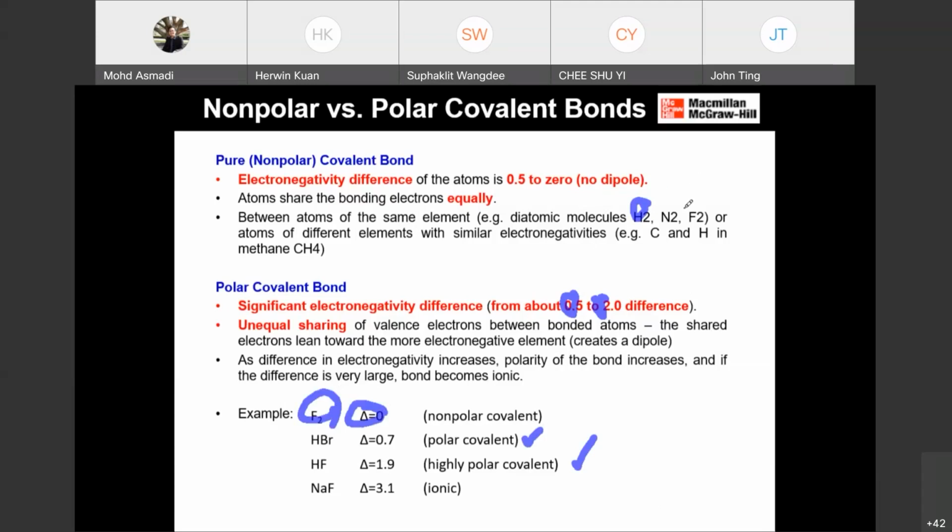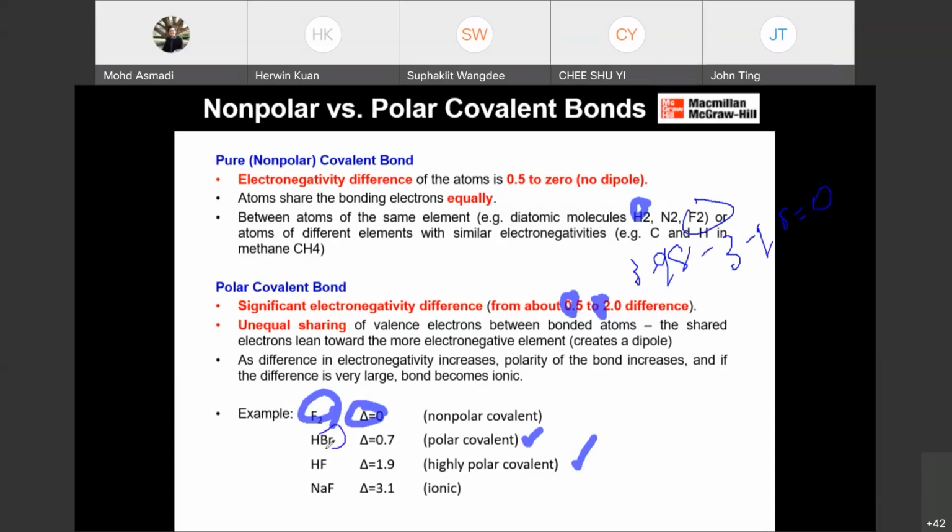From the electronegativity values, for example, fluorine is 3.98. So we get here fluorine 3.98 minus 3.98 is equal to 0.